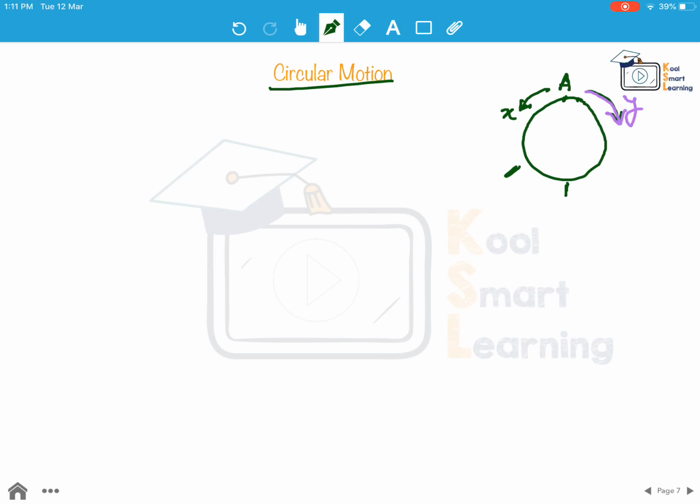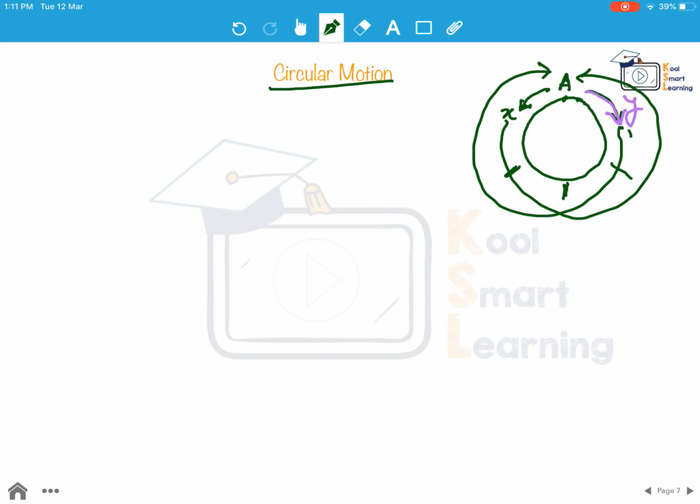The point could be here, here, or here, but they'll definitely meet because this person is going to come back to point A and this person is going to come back to point A, but they're moving in opposite directions. So they are going to definitely meet at some point. The first time when these two people will meet will be given by the LCM of x and y.